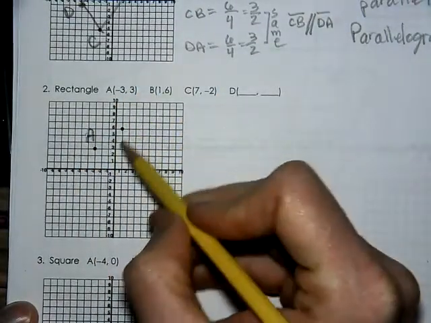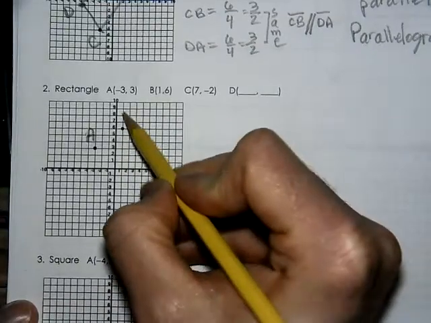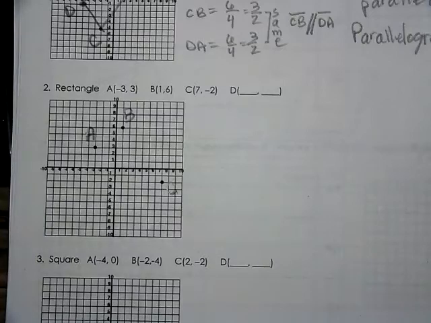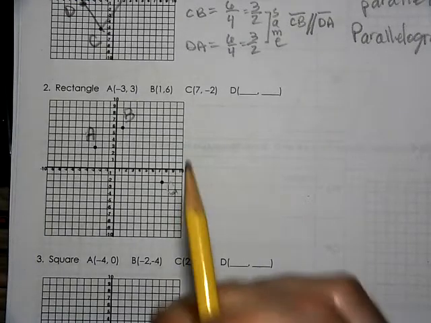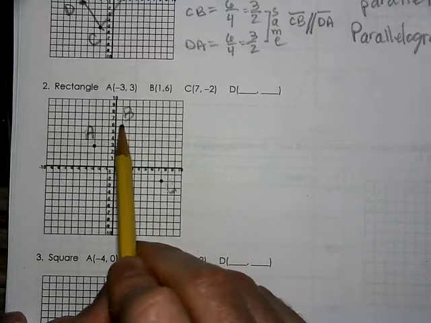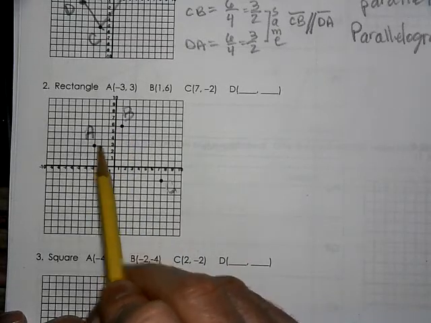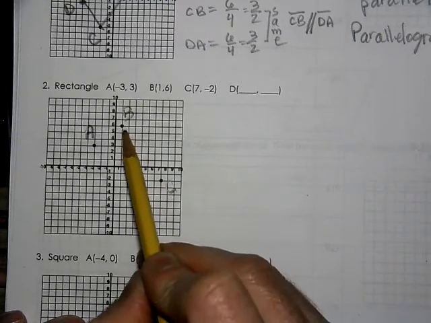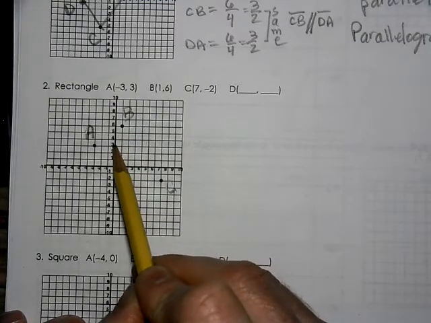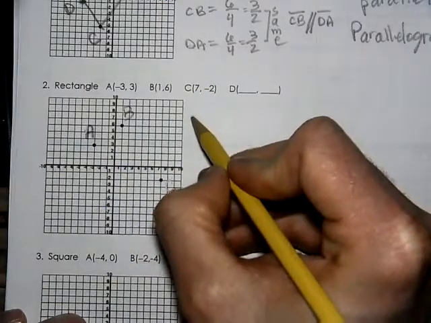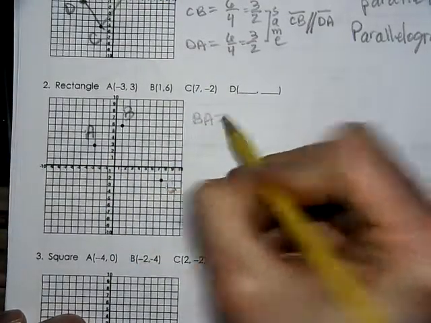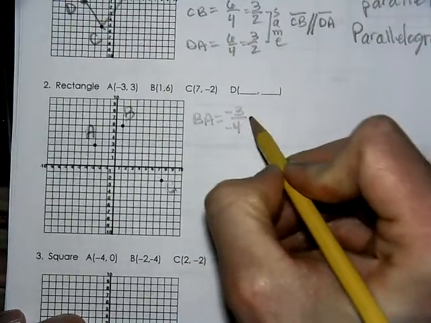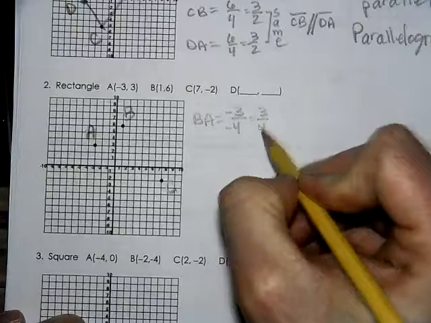So point A, point B, point C, and I'm looking for point D. Well, I can count from B down to A, and then that would give me C down to D. Down 3, 4. From B to A, it's -3, -4, which is a 3/4 slope.